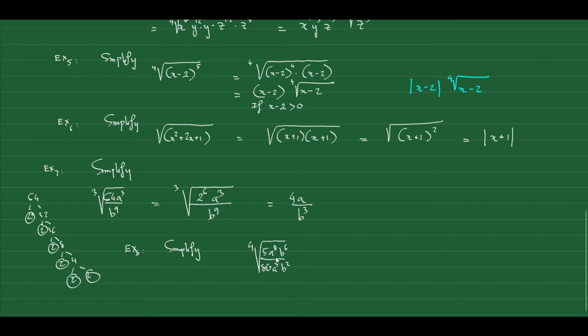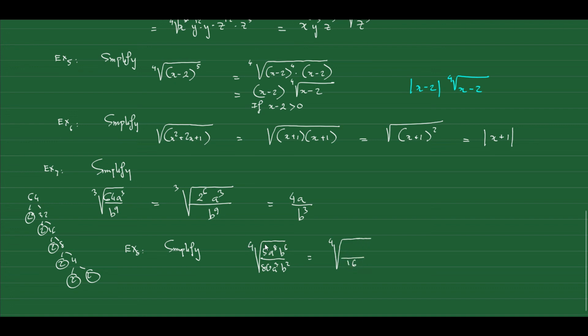You can get a bunch of problems to practice at the end of each chapter in your textbook. Alright, fine. First of all, I cannot do the fourth root of 5, right? But if I go into 80, simplify this fraction first, so 80 divided by 5 is 16, right? So this will be 16 at the bottom.